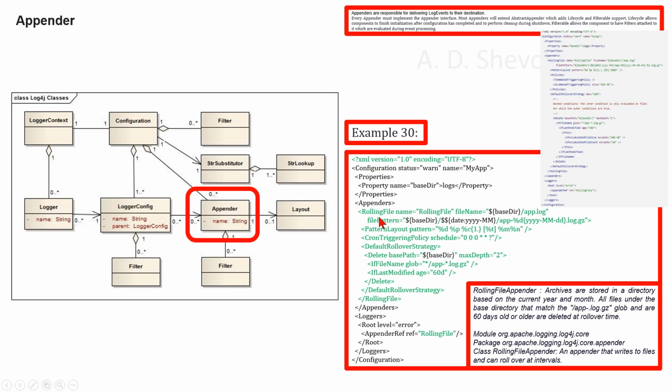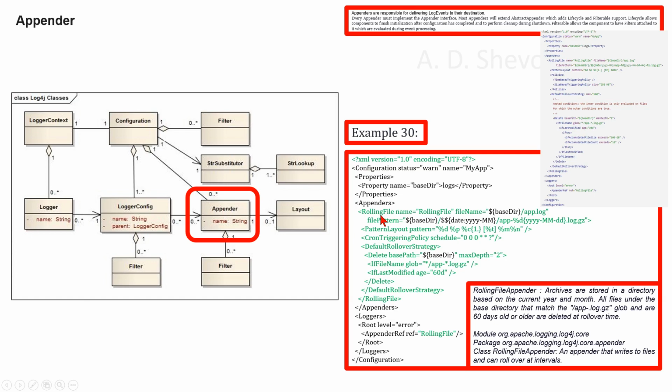The rolling file appender requires a triggering policy and a rollover strategy. The triggering policy determines if a rollover should be performed, while the rollover strategy defines how the rollover should be done. If no rollover strategy is configured, the rolling file appender uses the default rollover strategy.